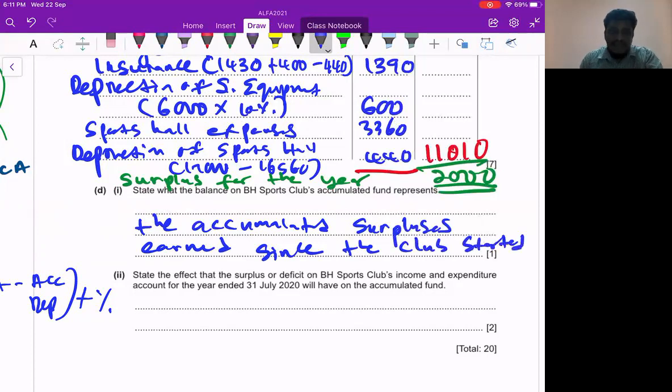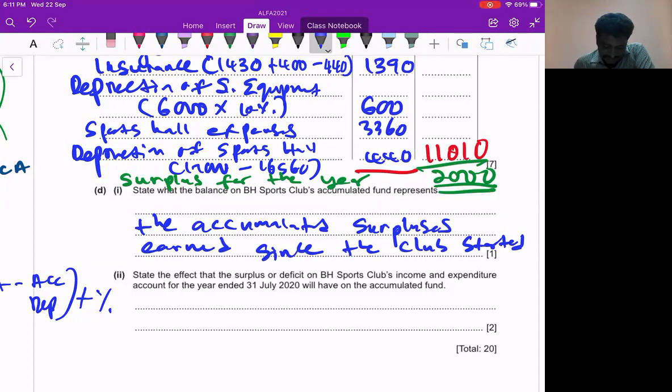Or in another word, you can say the difference between asset and liability. There are two answers, either one you can write. One is accumulated surpluses earned since the club started until today. We accumulate all the surpluses, that's the accumulated fund. Or you can say the difference between asset and liability, also the same.